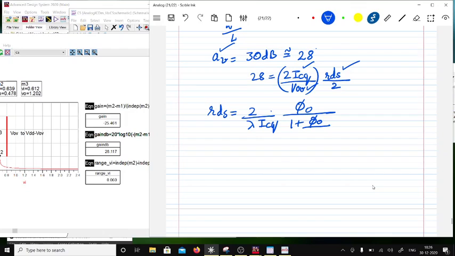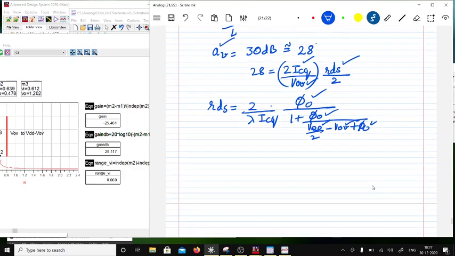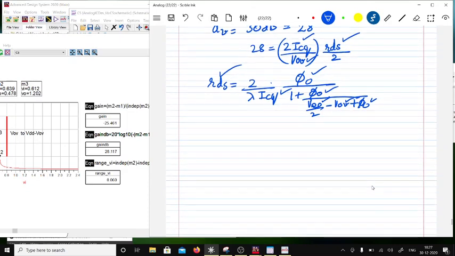Okay, so we are looking at the center, which will be VDD by 2 minus V overdrive, which will be known, plus phi 0. Okay, so from the process you will have this, you have then VDD is given to you, V overdrive you have found out, then RDS is given to you, then ICQ is given to you, so you got lambda.